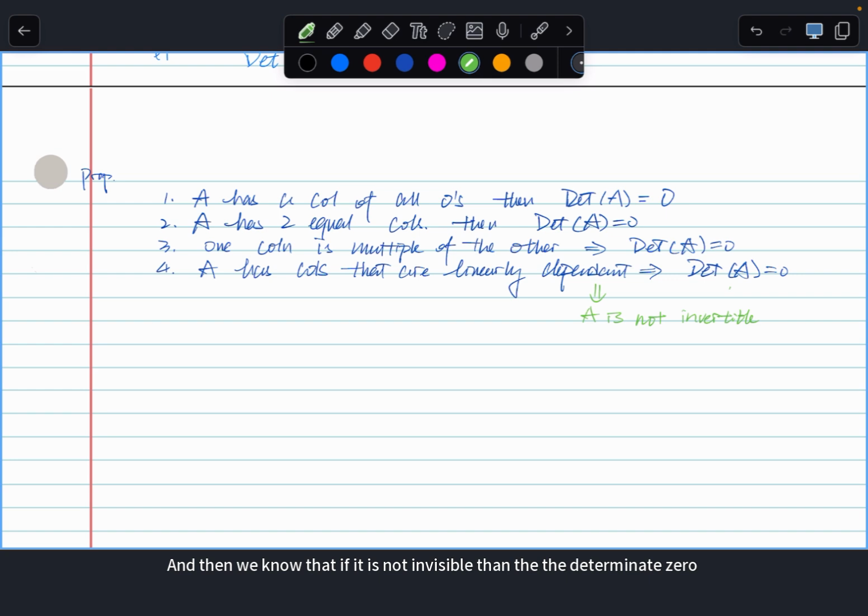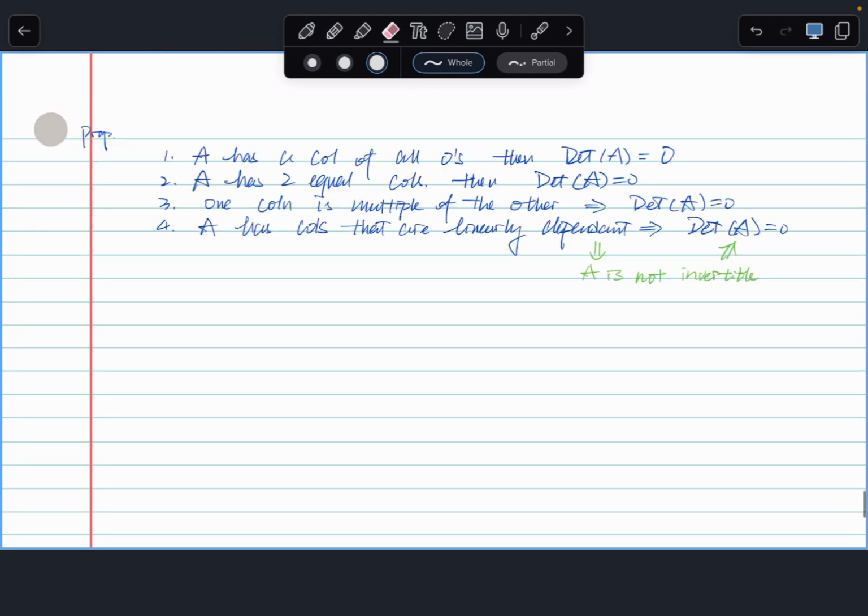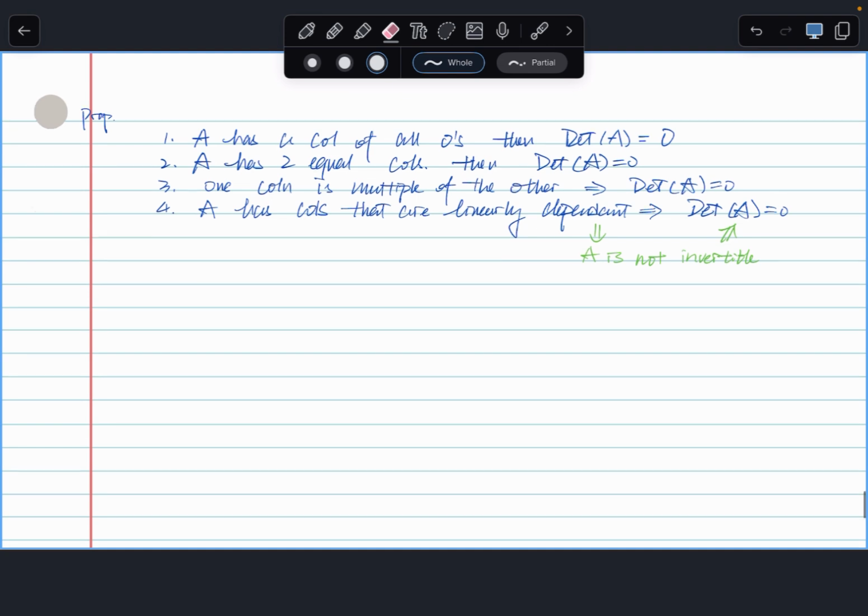And then we know that if A is not invertible, then the determinant is 0.